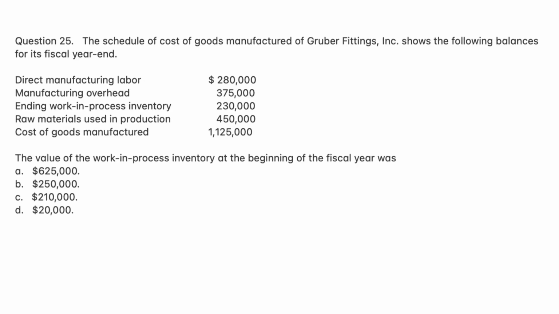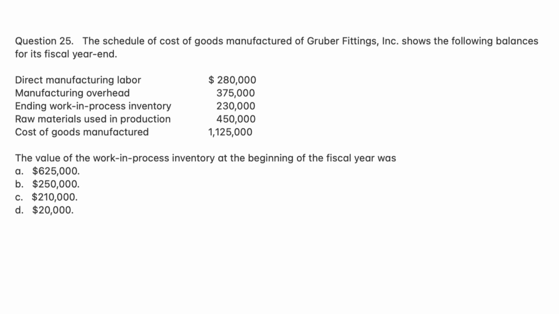Question 25. The schedule of cost of goods manufactured of Gruber Fittings Incorporated shows the following balances for its fiscal year end. Direct manufacturing labor $280,000. Manufacturing overhead $375,000. Ending work in process inventory $230,000. Raw materials used in production $450,000.